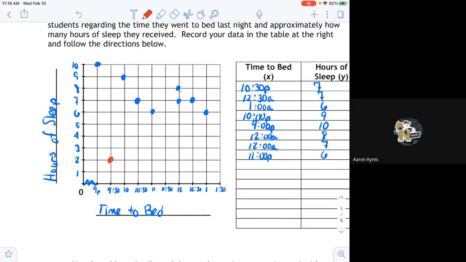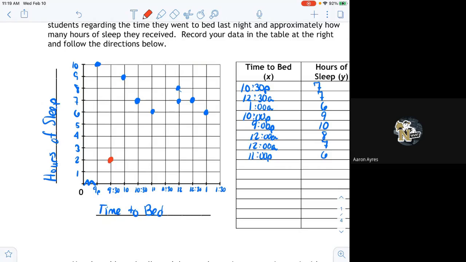That's definitely an outlier, right? It doesn't fit our overall pattern, because our overall pattern is that the earlier you go to sleep, the more sleep you should get, and this goes against that. So are you okay with that?